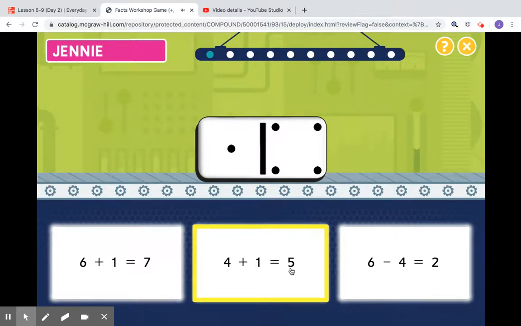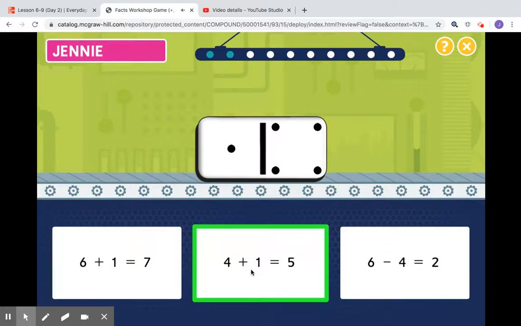That might be correct. Let me just check this box. 6 minus 4 equals 2. Boys and girls, I don't have 6 here. I do have 4 here, but I don't have 6. Therefore, I know that 4 plus my 1 is 5. I'm going to click on that box.